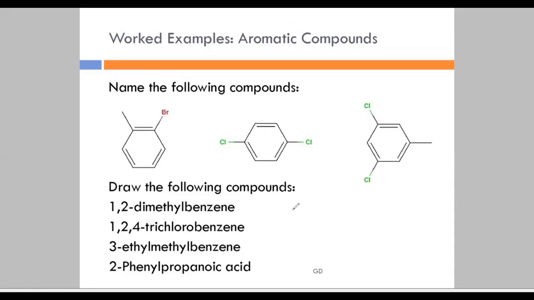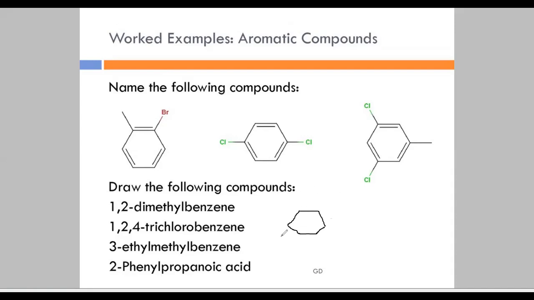Can anybody tell? What is the first thing that you would draw? The hexagon? Yes, exactly. The benzene. Okay. And where would you place the two methyls here?